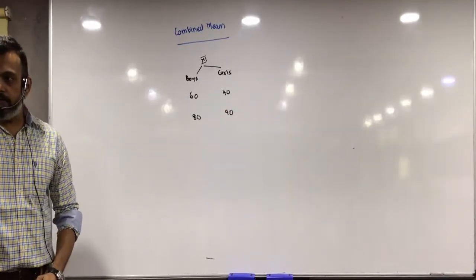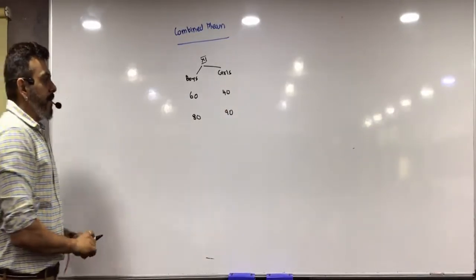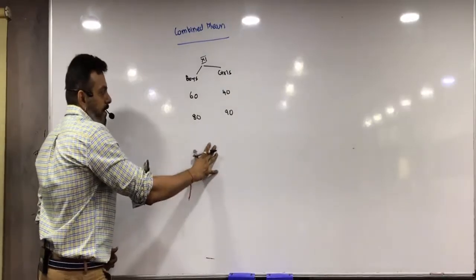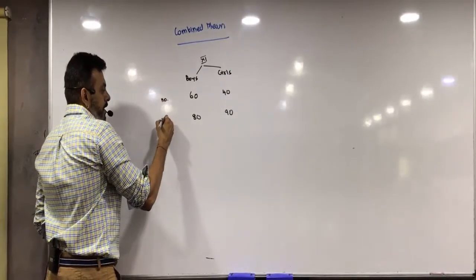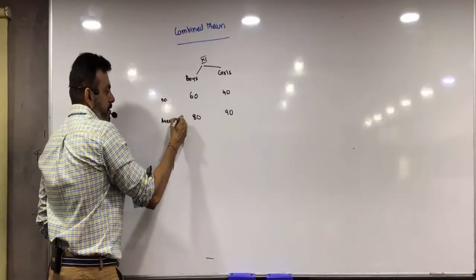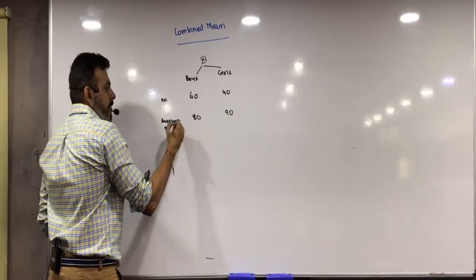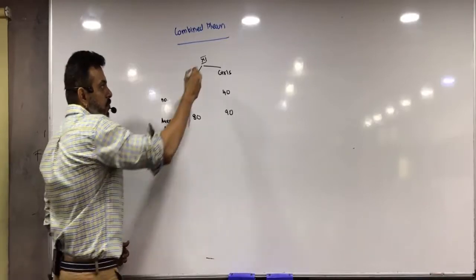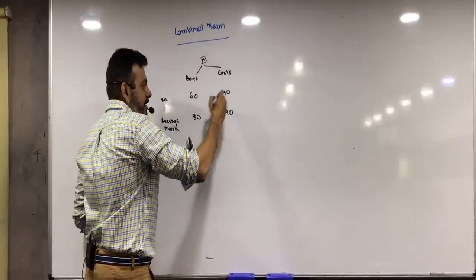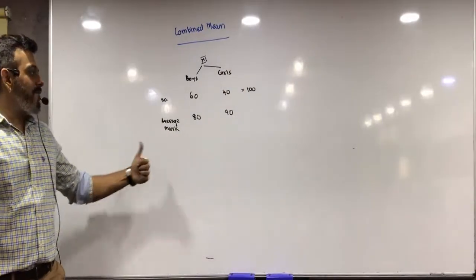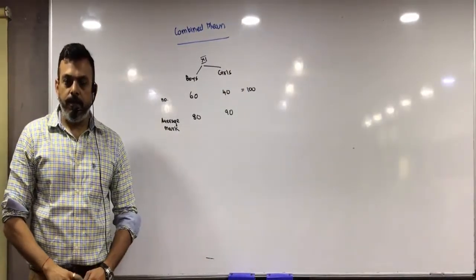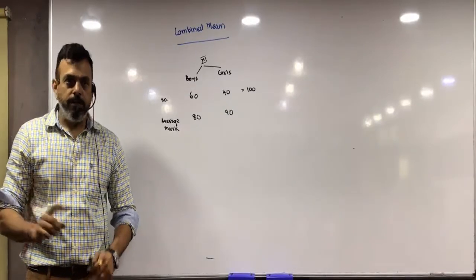Now, pay attention, try to understand the concept. If I want to find out, I'll write over here, average marks. If I want to find out that in total 11th standard, the 100 students, what is their average? You understood the question.